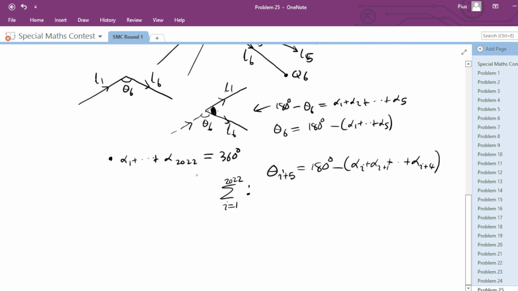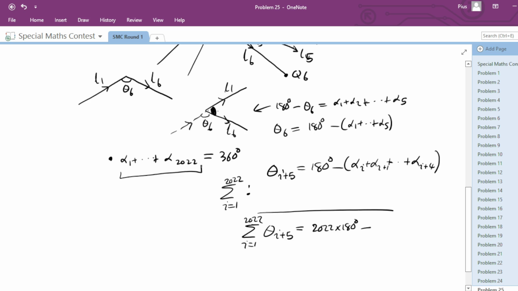Since we have things in circles, on one hand we have what we are looking for, this sum. On the other hand, we have 2022 times 180. This can be generalized, but I'm just going to go specific to our problem. And then minus, for each of these alpha i's, we are summing over all 2022 different values. So it's just going to be the same as the sum, which is going to be 360. That will be a full circle each time.